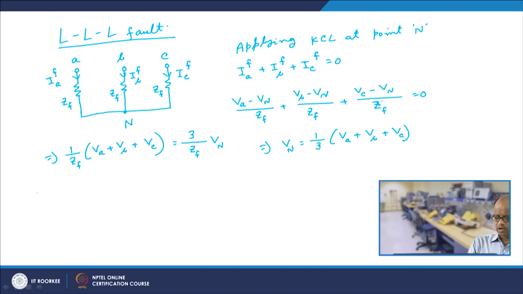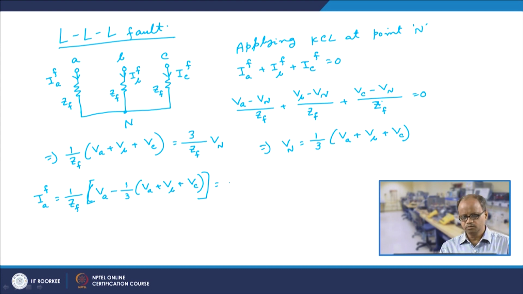Then IAF would be 1 by ZF into Va minus 1 by 3 (Va plus Vb plus Vc).